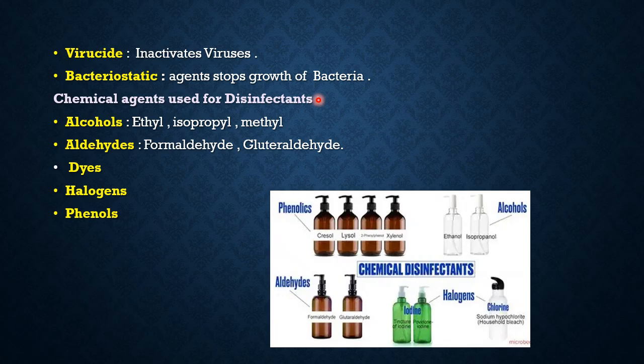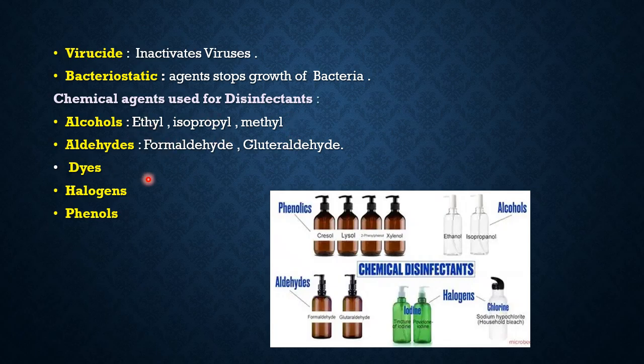Next we will study what chemicals are used for disinfectants, and which chemical can be used for what purpose. We'll study them one by one. First, let me list the chemicals which can be used for disinfectants. First is alcohols. Under alcohol, ethyl, isopropyl and methyl alcohol can be used.